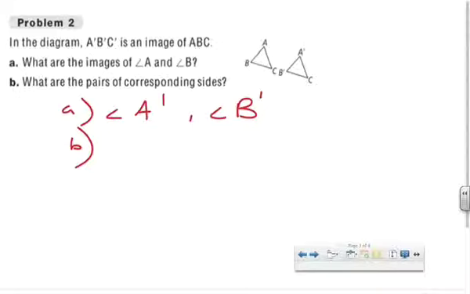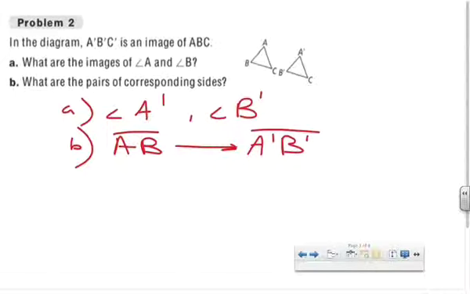Pairs of corresponding sides is going to sound very familiar. We did this before when we were talking about congruent triangles. It's the same exact idea. Segment AB corresponds to segment A prime, B prime. And you've probably already figured out the other two.